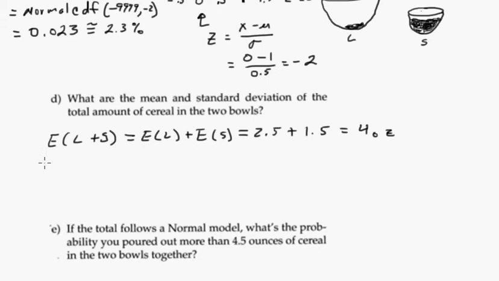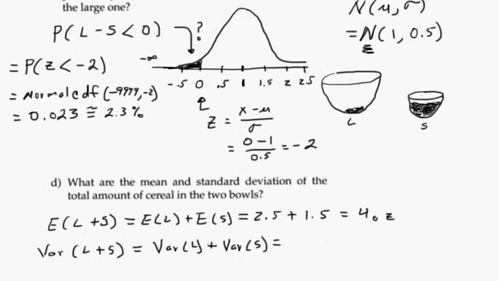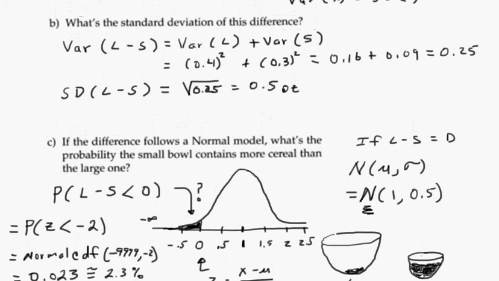Okay, now the standard deviation, let's start with the variance. The variance of L plus S is equal to the variance of L plus the variance of S. But hey, that looks kind of familiar. We've already done that. That's right here. That's 0.25, and the square root of that is 0.5.